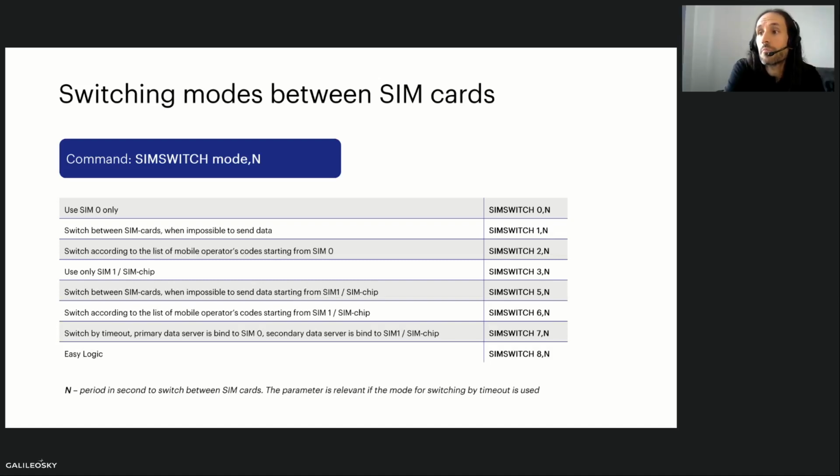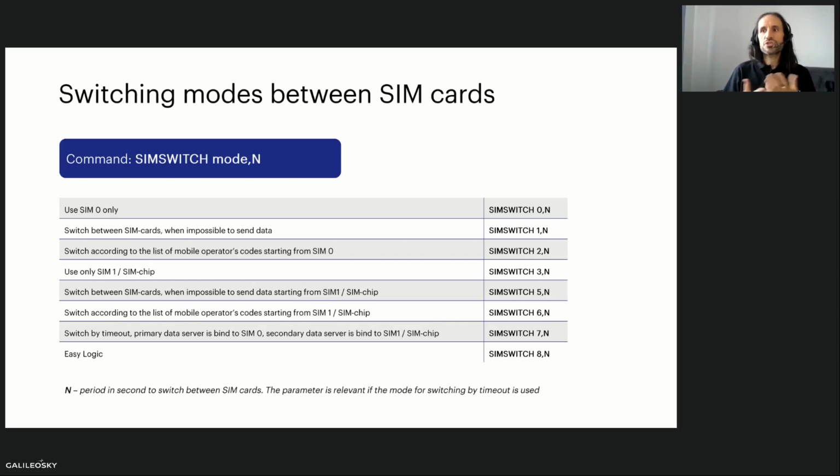In switching mode number 1 or 5, it would be the same, but we will have a default card. In mode number 1, the default card will be SIM 0, and in mode number 5, it will be SIM number 1, the default one.